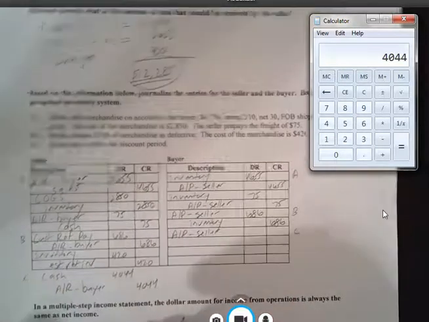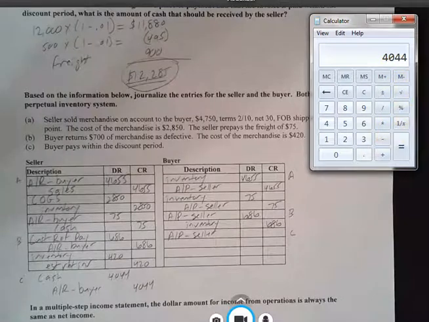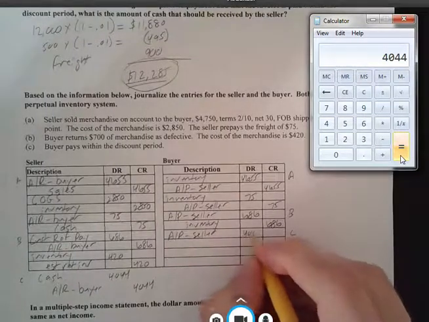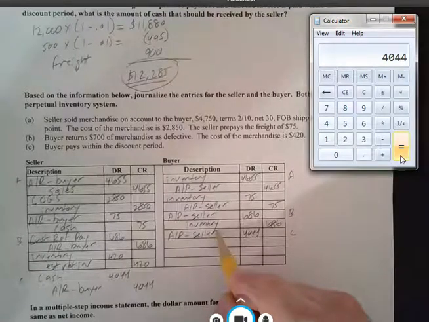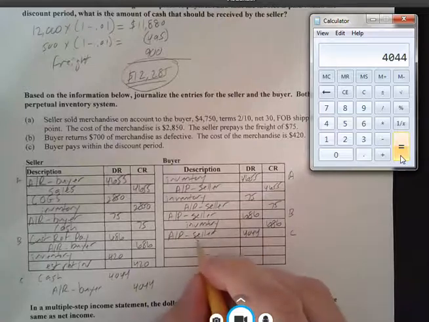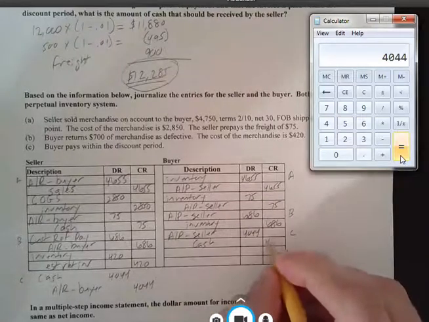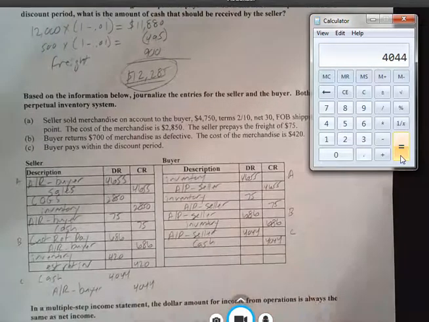It was $39.69 merchandise. That's the $46.55 minus the $6.86, plus the $75. And this is all part of inventory for the buyer. So $40.44 is what we're going to debit. That relieves our obligation to the seller because we've paid him. How did we do that? We used cash. So cash is our credit for $40.44.